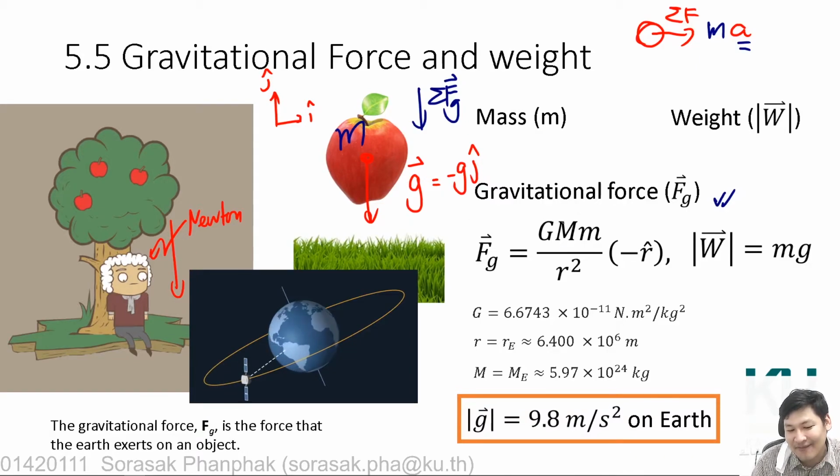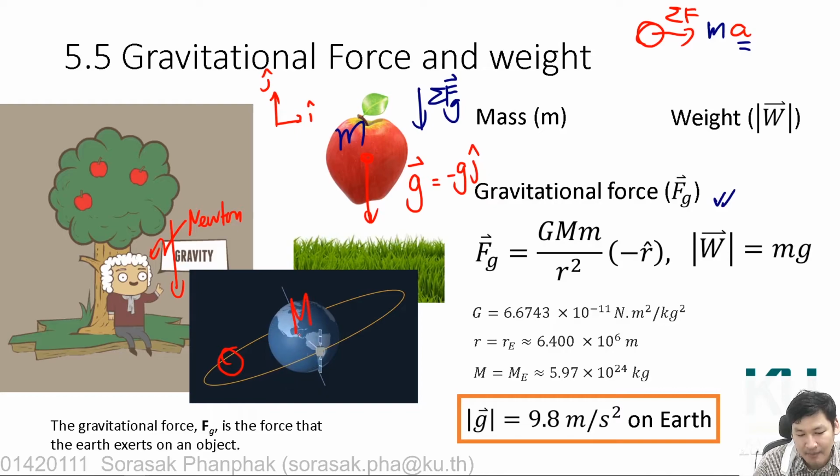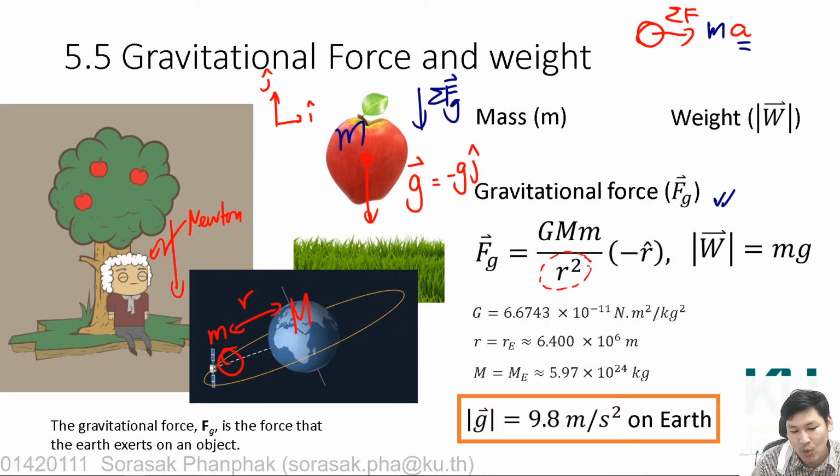With the definition of the gravitational force, if this object is pulled by Earth, this is big M due to the Earth and the smaller m due to the satellite. With the distance away, you can see the relation of the force of attraction in terms of inverse of r square. With this relation, that means when the object goes further, r is higher, the force is lower.